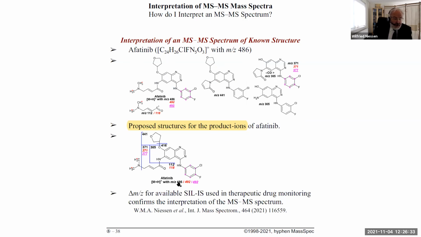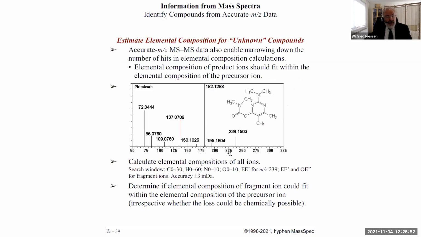For some of the fragments for labeled substances, we have some data, and these are consistent with the interpretation. This is something which I frequently check. So that's one of the things which is important to deal with.